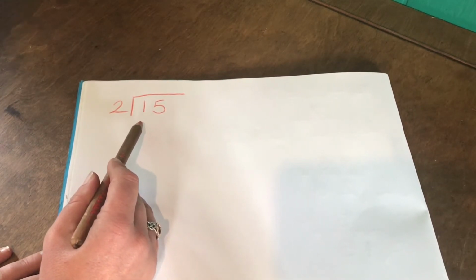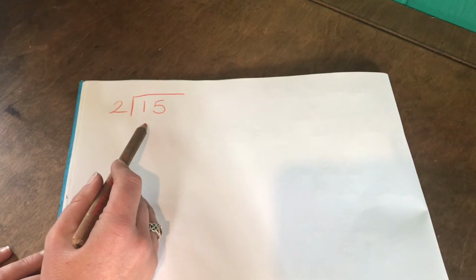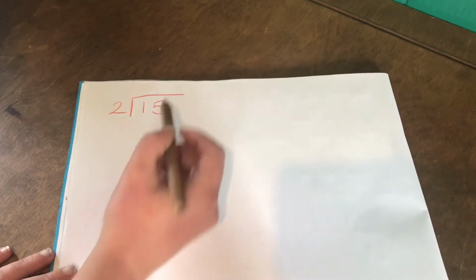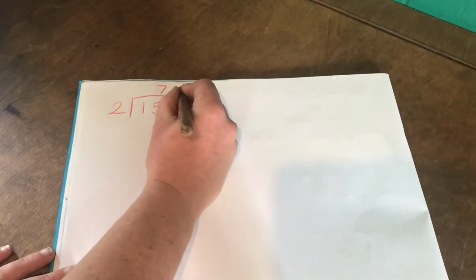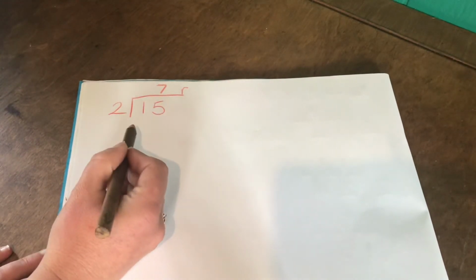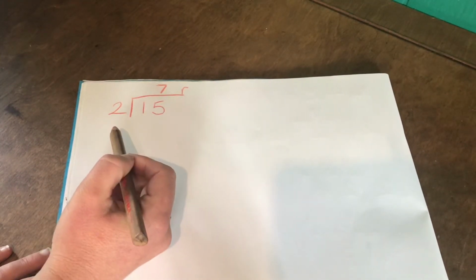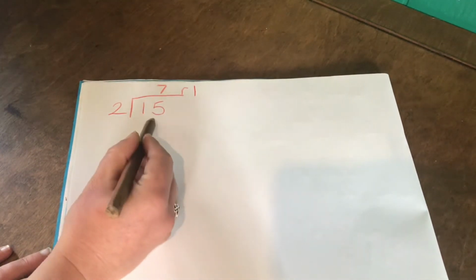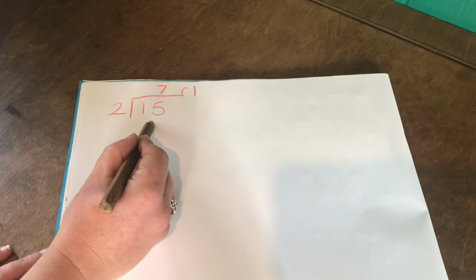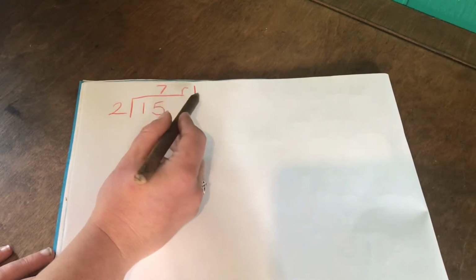Okay, how many 2s are there in 14? There are 7 2s in 14. But now I have a leftover, or what we say in maths is a remainder. So how do I get from 14 to 15? What's the difference? The difference is 1. So how many 2s are there in 15? There are 7, remainder 1.